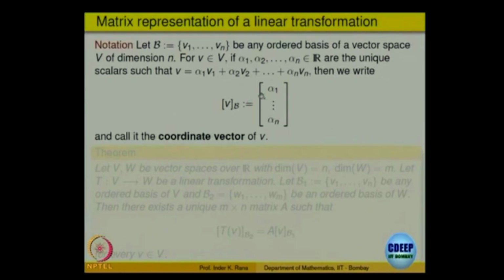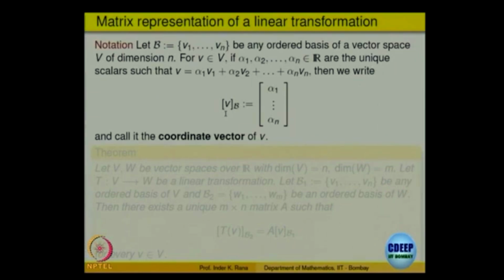So let us write this as a column vector, alpha 1, alpha 2, ..., alpha n, these unique scalars coming in the representation. You get a vector in Rn. This is called the coordinate vector for the vector V, an element in the vector space. These coordinates, written in matrix form, give the unique linear combination.